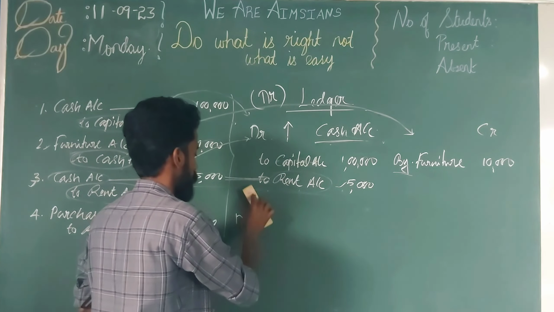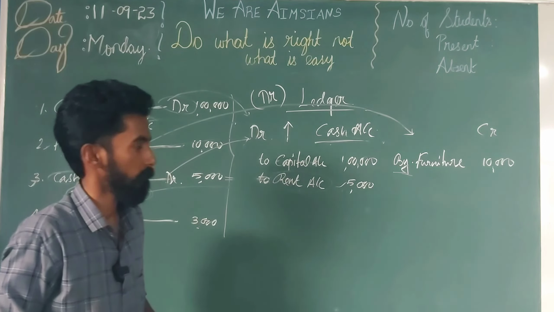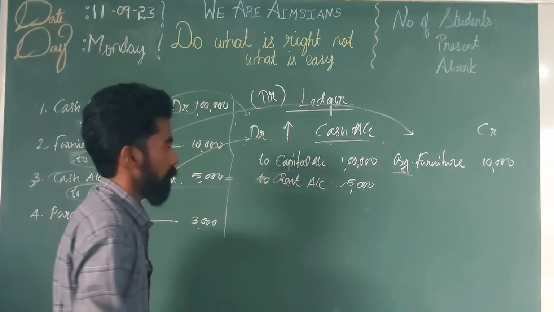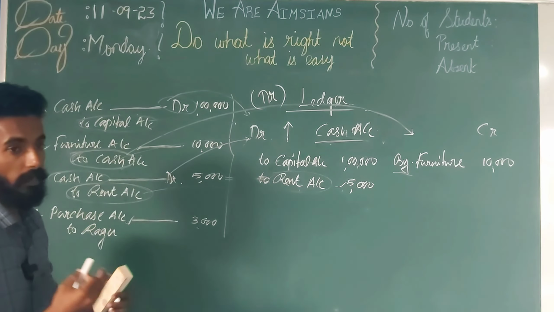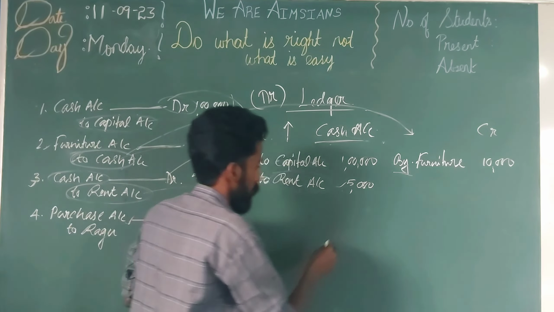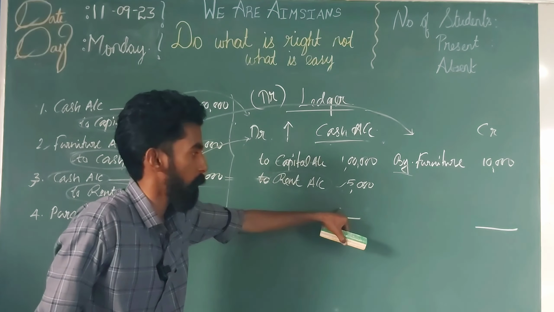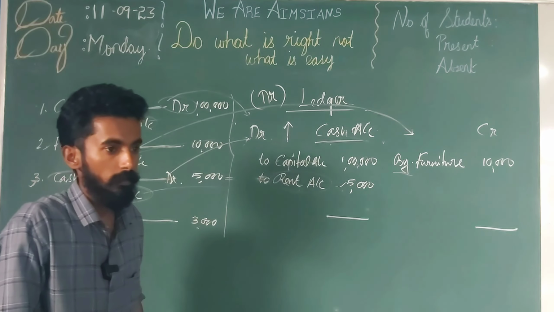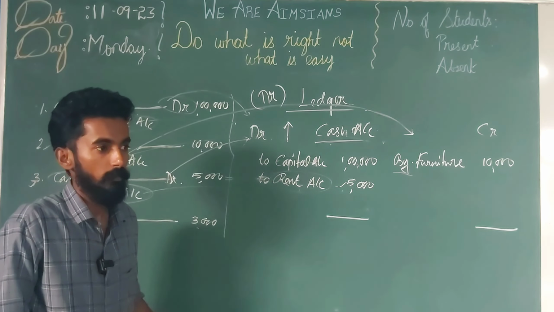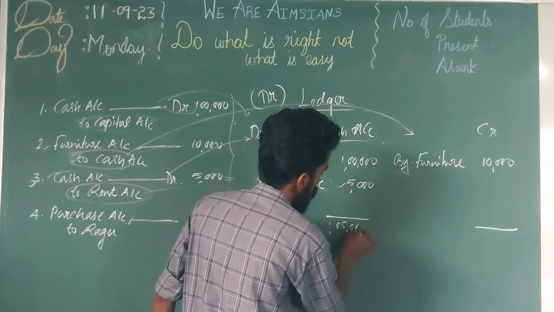Suppose, for better understanding, I am taking only one account, that is cash. See, 3 transactions out of 4 transactions I have already posted. So what is the total? First, after leaving a small space here, you can draw a total line. And how can we total these ledgers first? Suppose here I am getting 1,05,000 as the total.